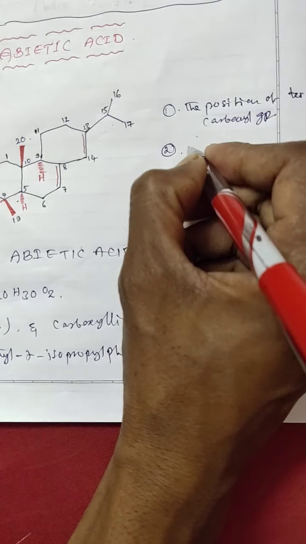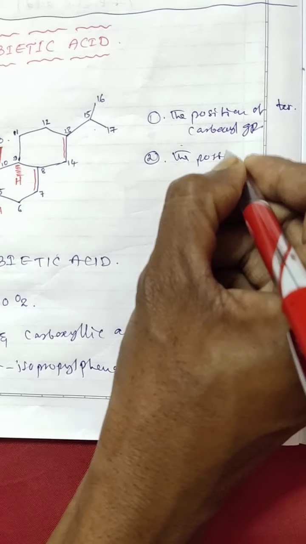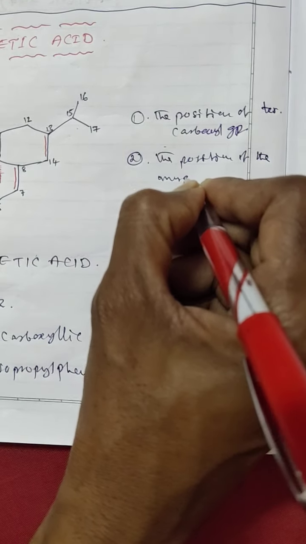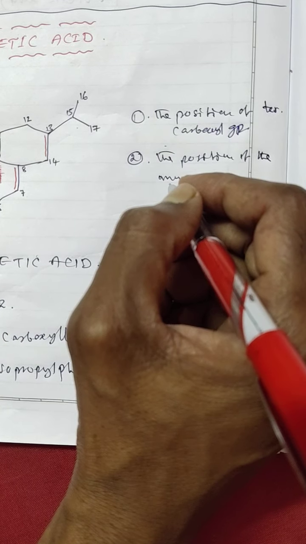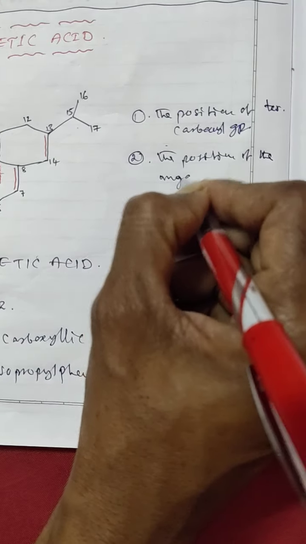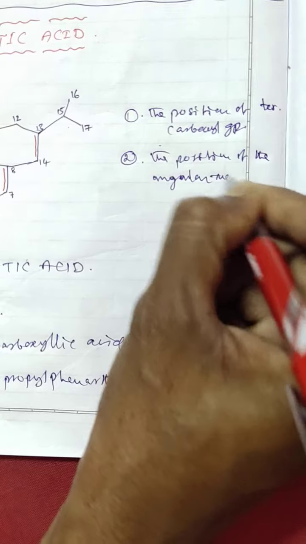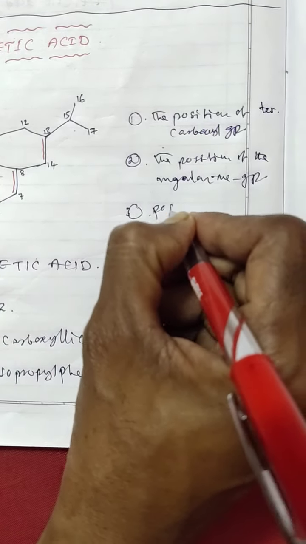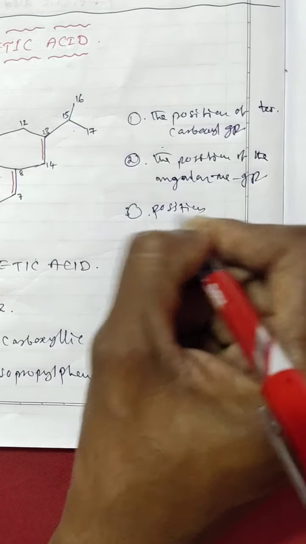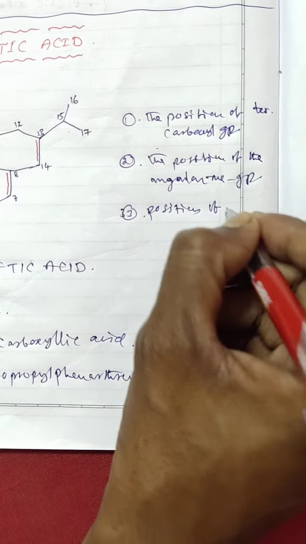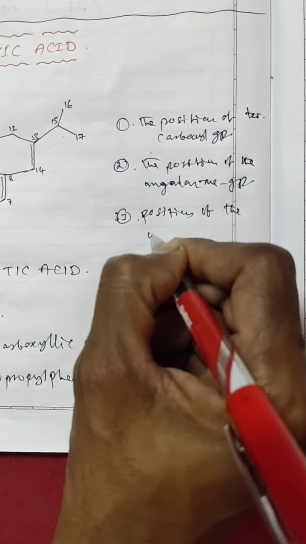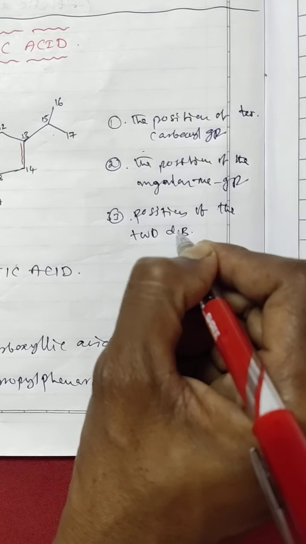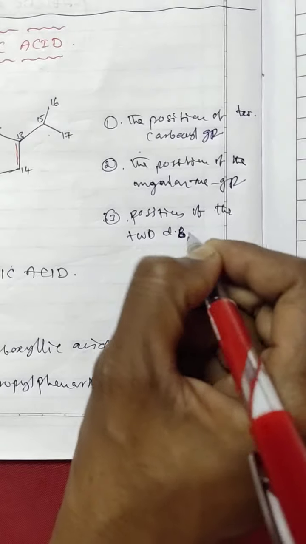Second, the position of the angular methyl group. Third, the position of the two double bonds.